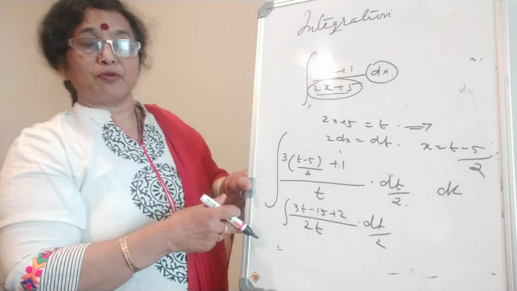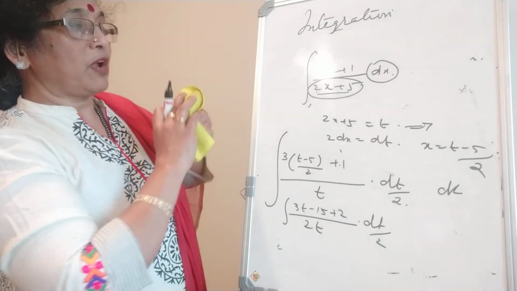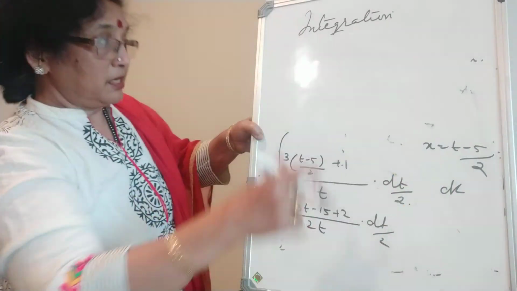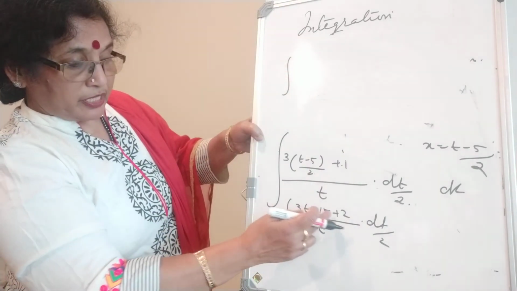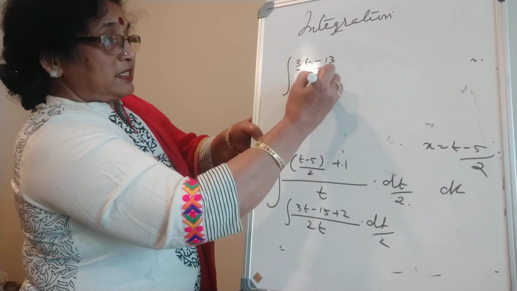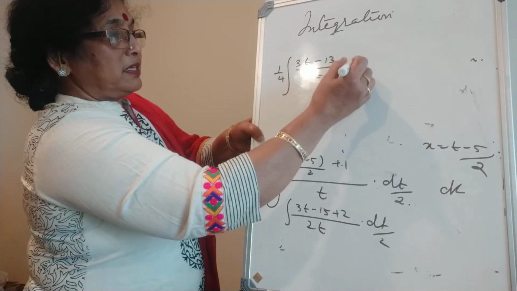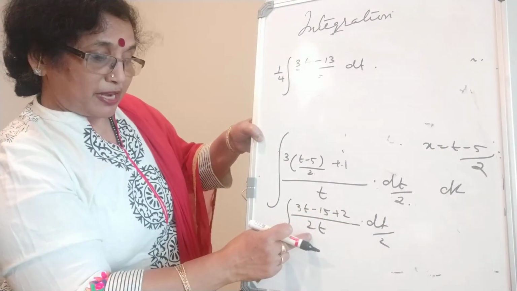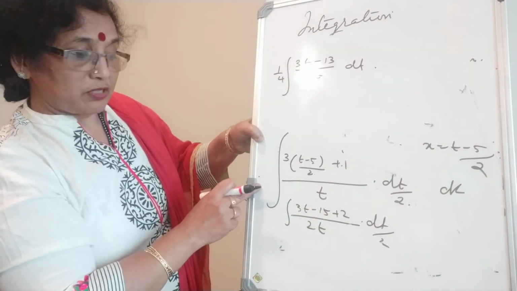Now you bring the 4 out. So now when I bring the 4 out, it will become 3t minus 13 by t, and 1 by 4 out, and dt. 3t minus 13 by 2t, 2 2's are 4, I brought that constant out.